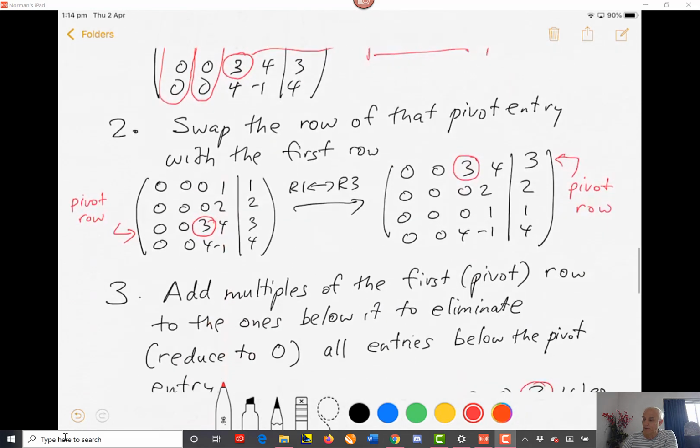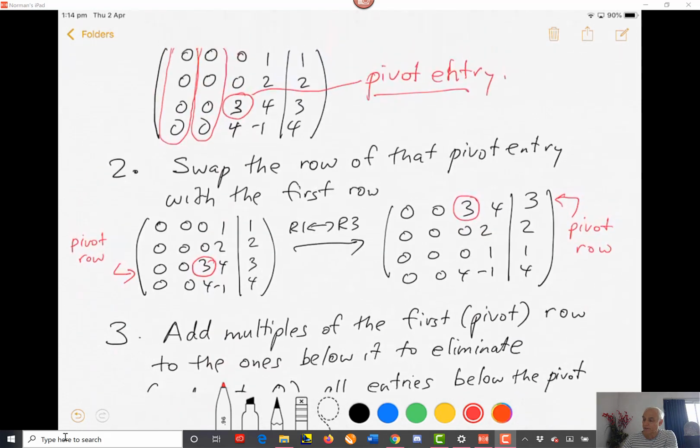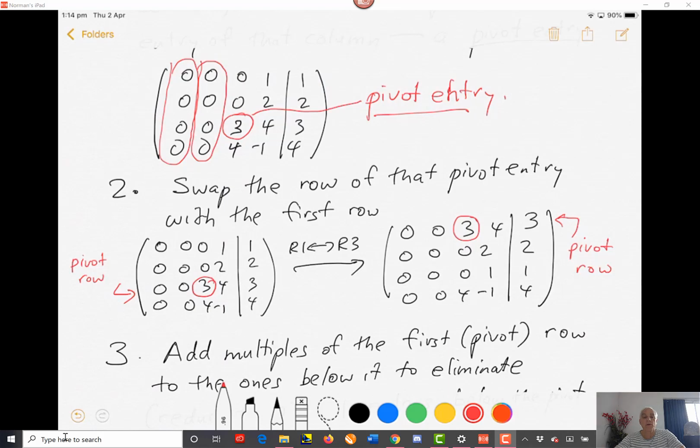So step 2 is we're going to swap the row of that pivot entry with the first row. In the example, the pivot row is the row of the pivot entry. That's now the third row to start with, but we want it in the first row.